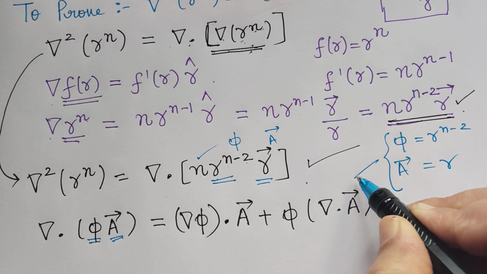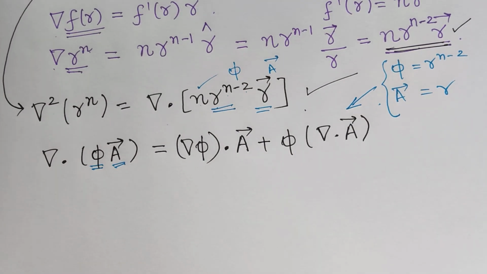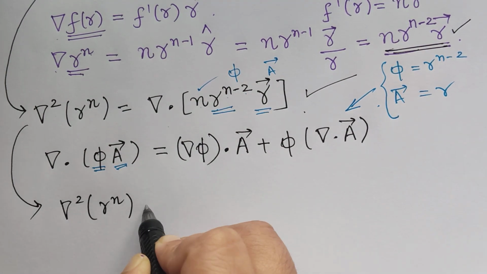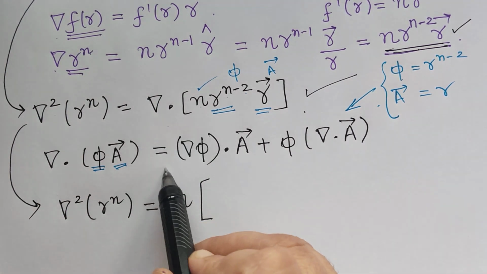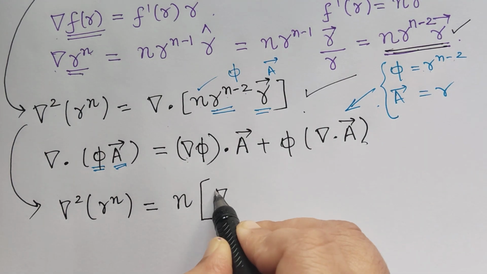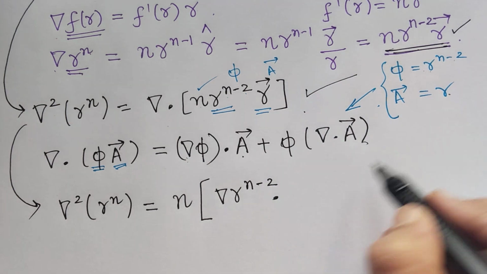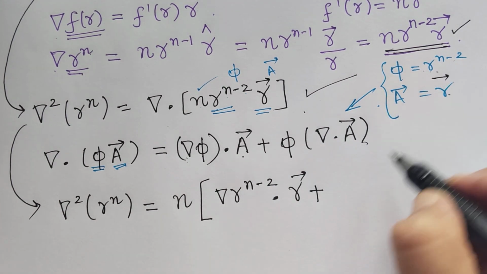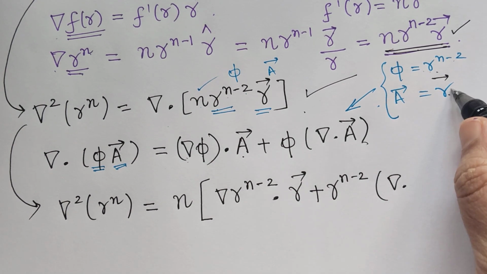So we can apply this in the formula. Nabla square of r to the power n will be equal to n taken common, and then nabla phi, where phi is r power n minus 2, so nabla r to the power n minus 2 dot product with a vector, which is r vector, plus phi, which is r to the power n minus 2, multiplied with nabla dot r vector.